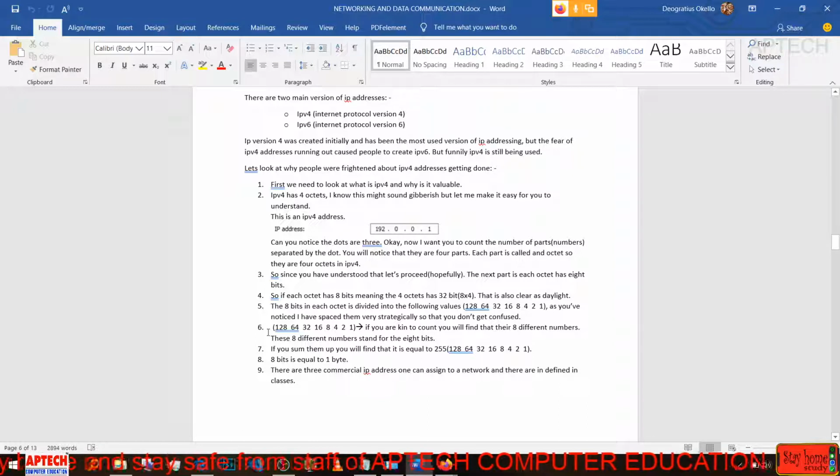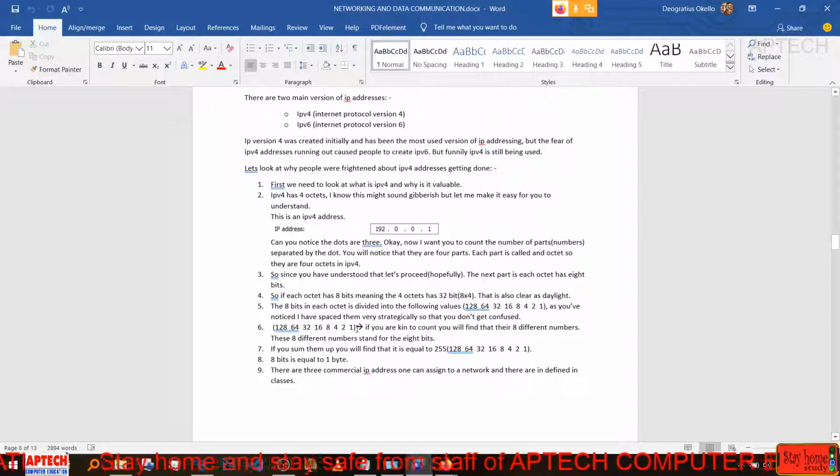You know that there are 8 bits in each, isn't it? Yeah. So in each octet, there are 8 values, which are 128, 64, 32, 16, 8, 4, 2, 1.